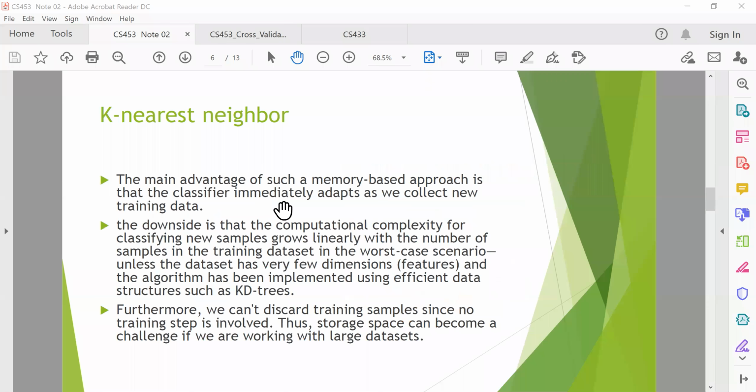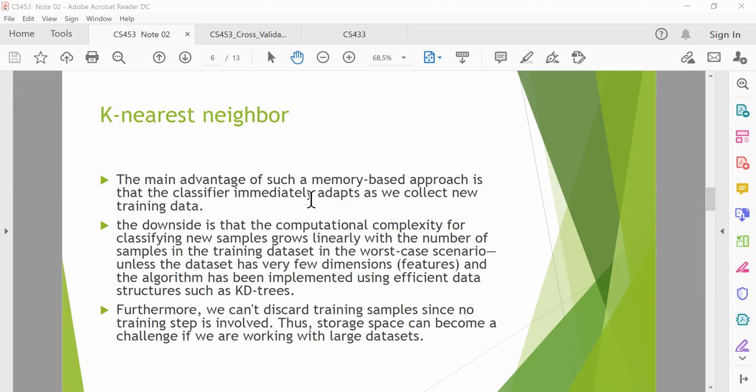Okay, then let's see. Over here it states the advantage of K nearest neighbor. As we saw previously, it doesn't need any discriminative function, cost function, or information gain. No, it doesn't need it.